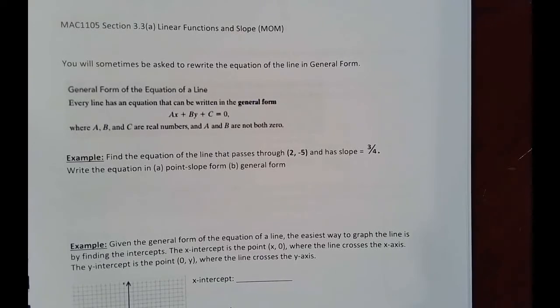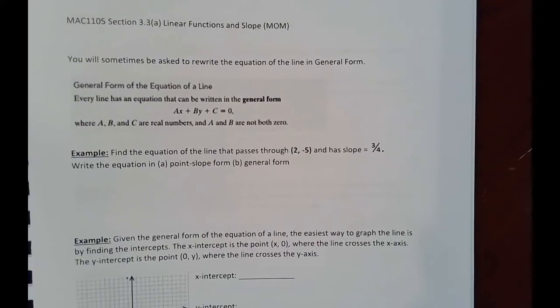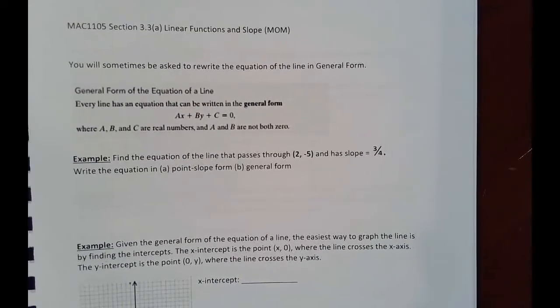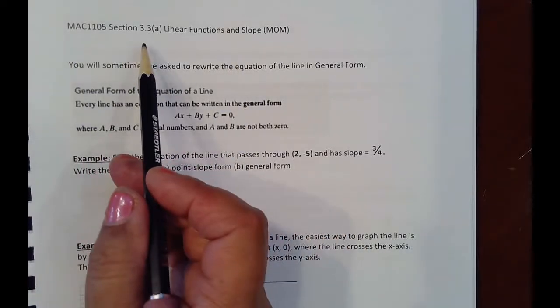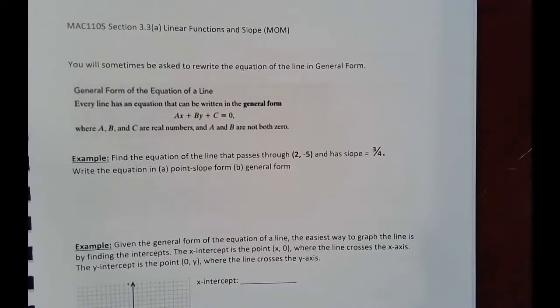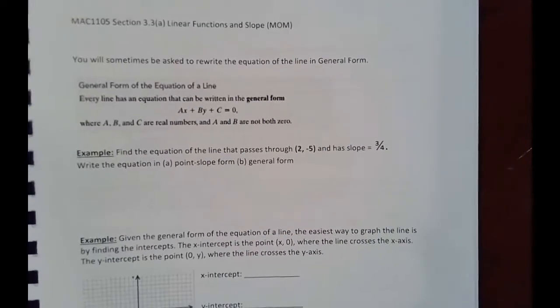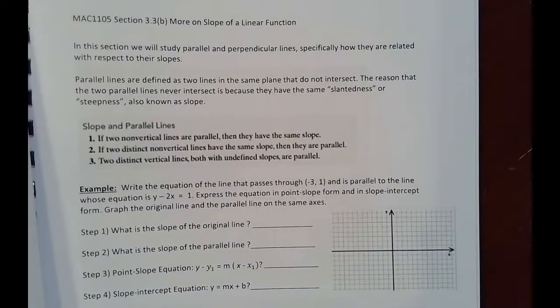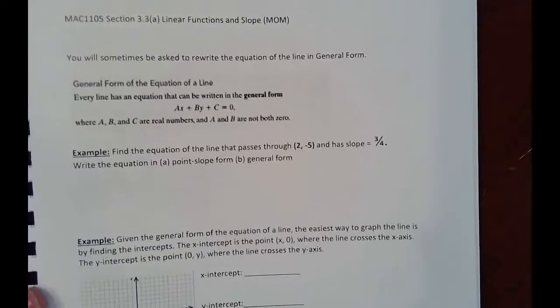So I am using some outlines that were from the previous software, but we still cover all the same topics. So in section 3.3, you're going to find everything that I talked about in 3.3a, as well as 3.3b. The video I'm shooting now is going to stop at the end of this page because I've already prepared a video for you for 3.3b.